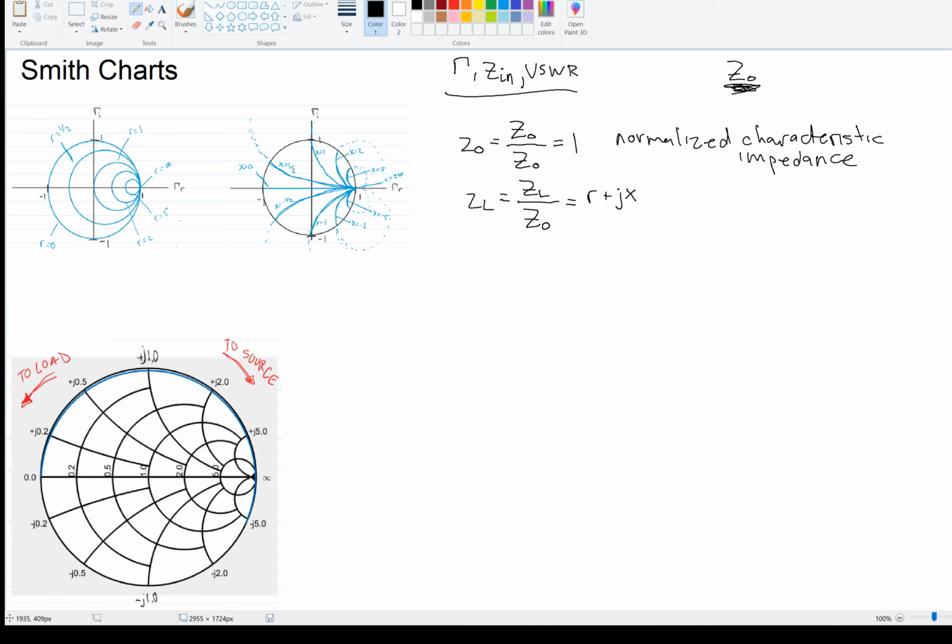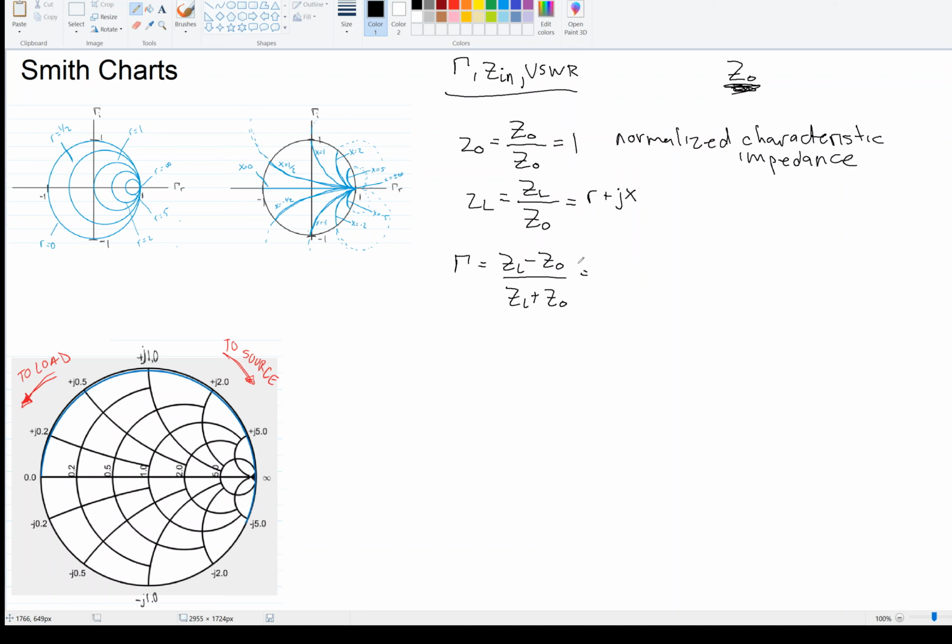Okay, now let's see how the reflection coefficient changes then from this normalization. So gamma, which is defined as capital ZL minus capital Z0 over capital ZL plus capital Z0, right?